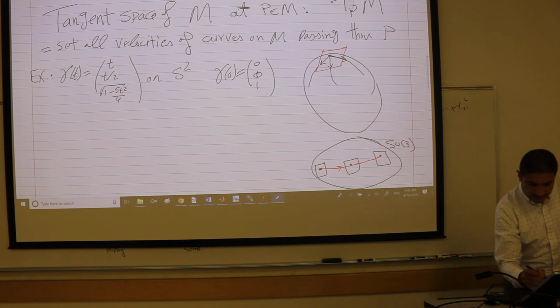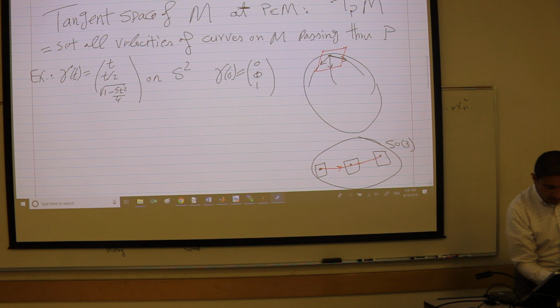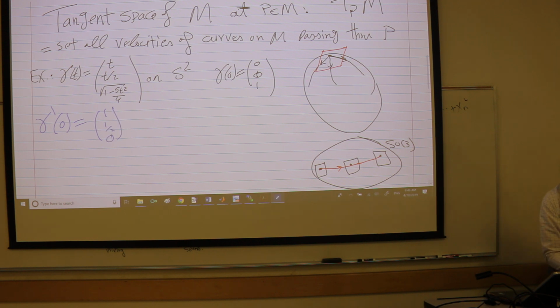So it's that thing, and if we get gamma prime, let's differentiate and substitute t equals 0. Obviously you get 1 half. Do this guy and substitute t equals 0, you get 0. So this is this guy.